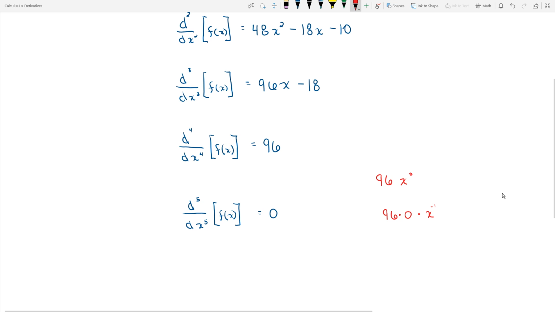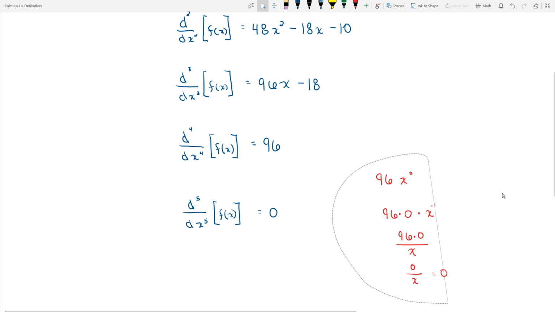So this is rewritten as 96 times 0 over x. And that leaves us with 0. And luckily, we do not have to show that work. We just know that any derivative of a constant is 0.